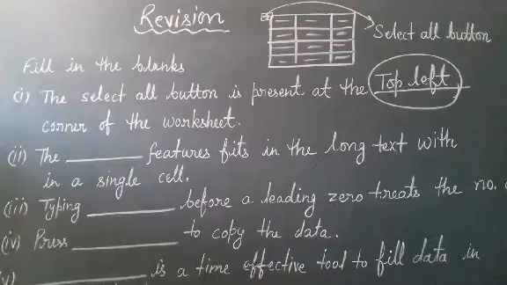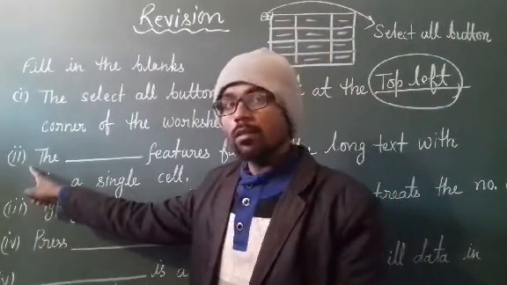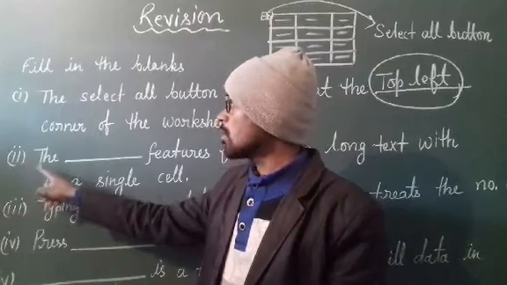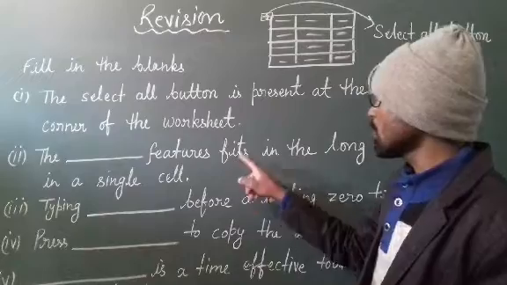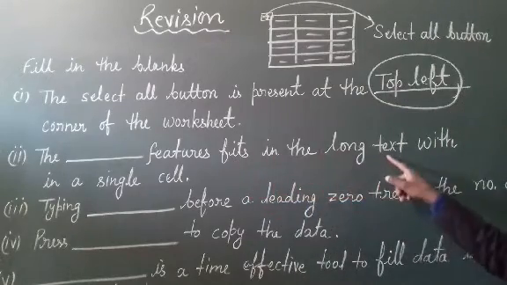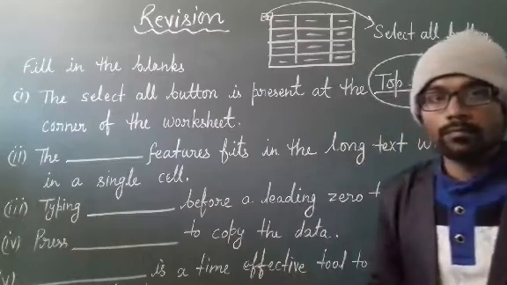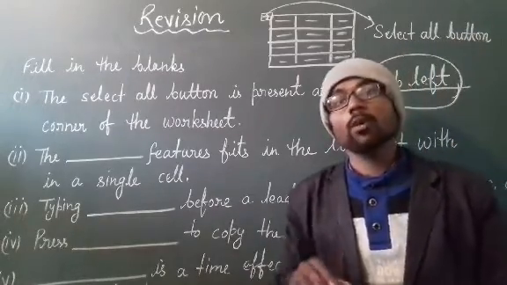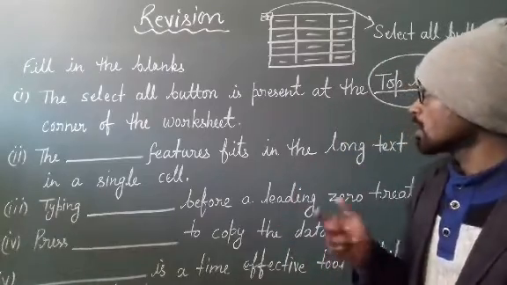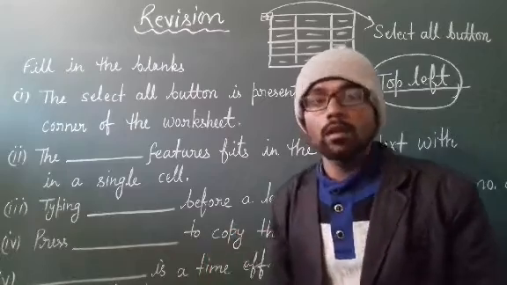Now the next question is question number second. Question number second is: the dash feature fits the long text within a single cell. Students, the question is asking about that feature which is used to fit text in a single cell.